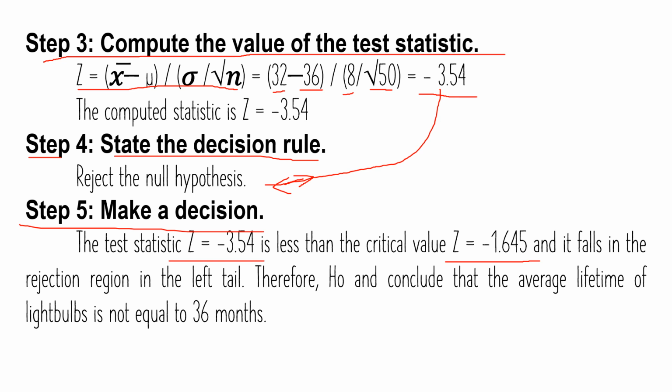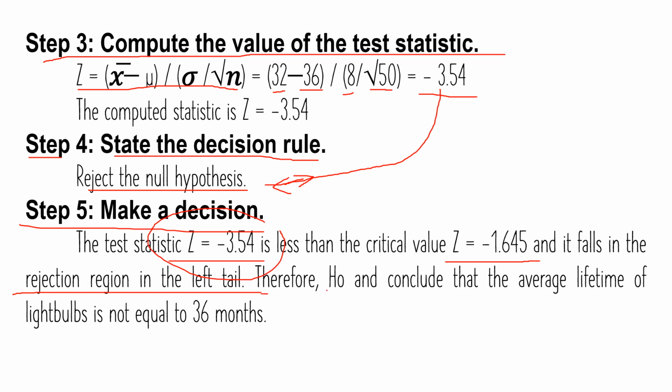Since negative 3.54 is less than the critical value, which is negative 1.645, it falls in the rejection region in the left tail. So meaning to say, you're going to reject your null hypothesis, because your computed value for Z is less than the critical value that we got from your Z table.